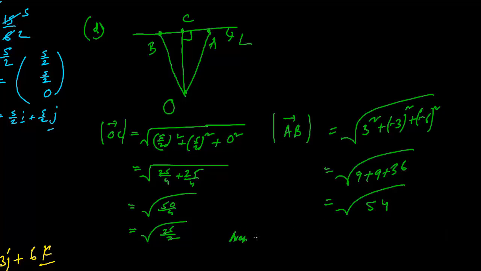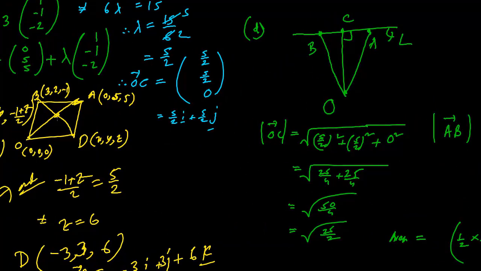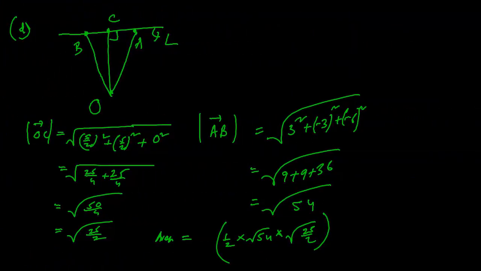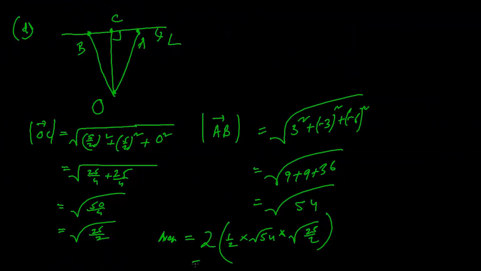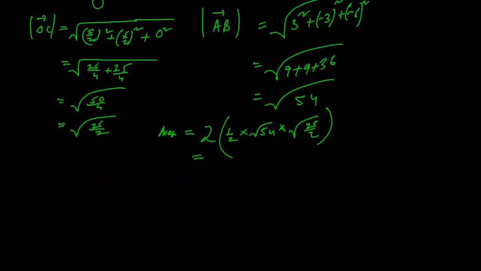So the area of the triangle is half into base, which is the square root of 54, into height, which is the square root of 25 by 2. So this entire area is the area of half the parallelogram, into 2, because there are two equal triangles. So this 2 and the half cancel off.